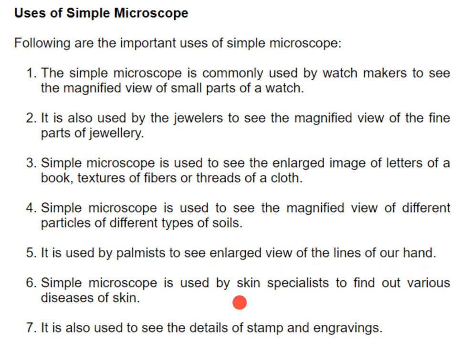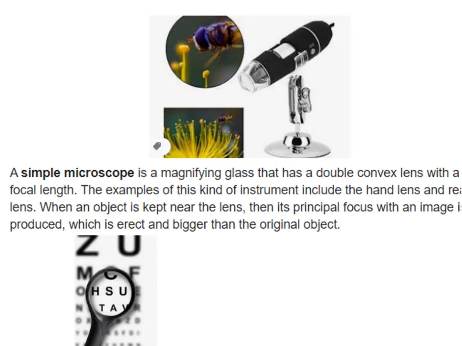Sixth, the simple microscope is used by skin specialists to find out various diseases of the skin. And last, it is also used to see the details of stamps and envelopes. So, what is a simple microscope?